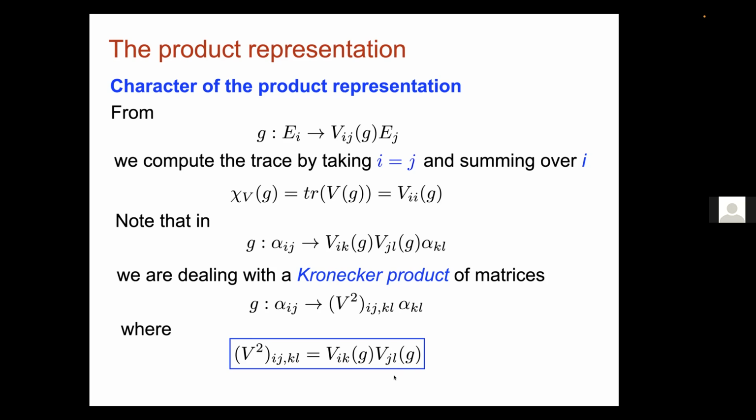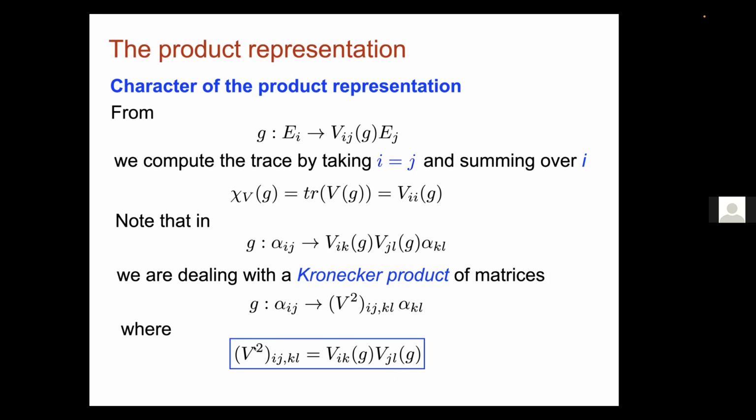There is something important. You remember that when we saw the addition of representations, I told you, be careful, because adding representations has nothing to do with adding matrices. If I have a representation which is the sum of 2 representations, this doesn't mean that the matrices of the sum are just the sum of the matrices. And with the product, it's exactly the same thing.